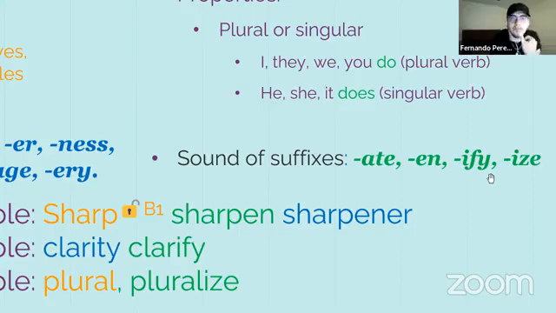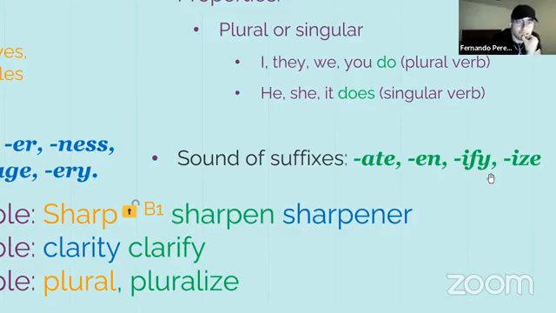I can sharpen the knife. I can sharpen pencils. And the rest will be very specific: color pencils, as well.